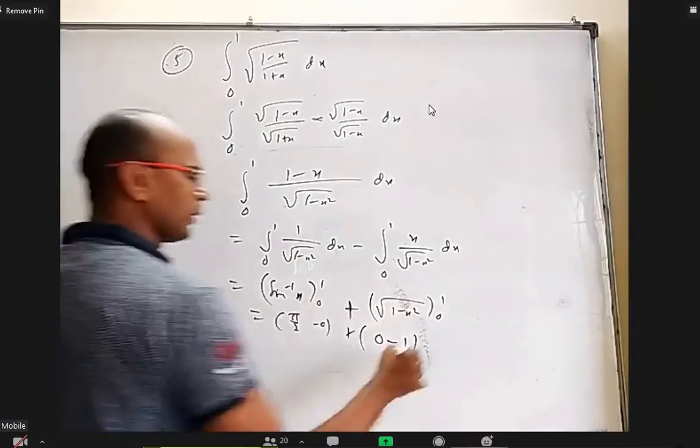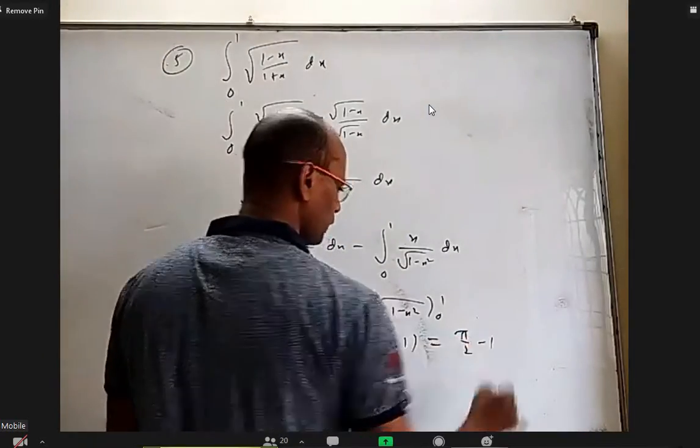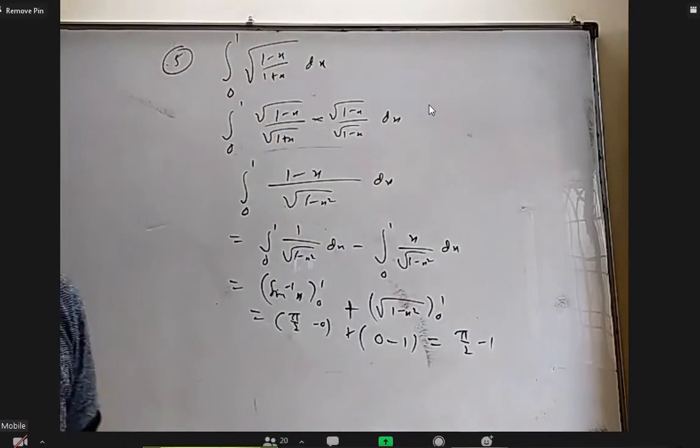So we got pi by 2 minus. So this is not about anything much about definite integration.